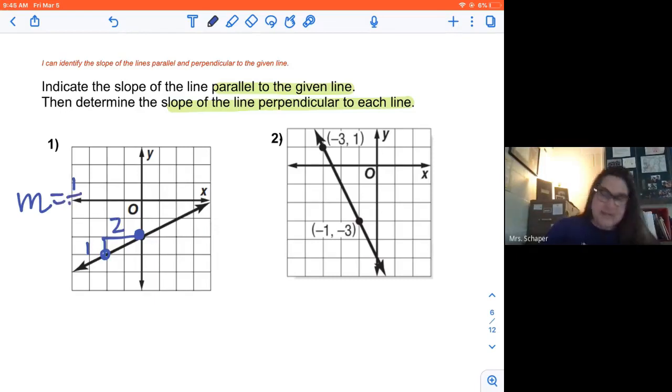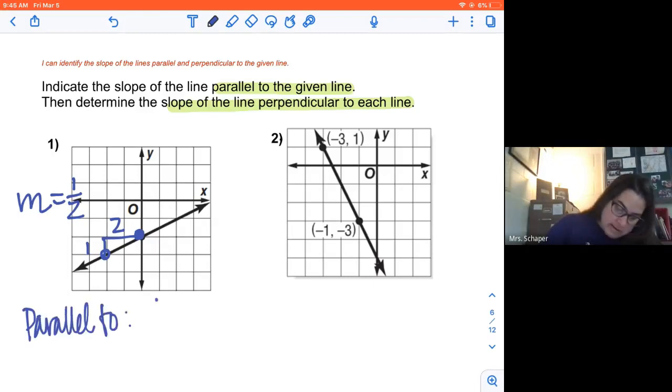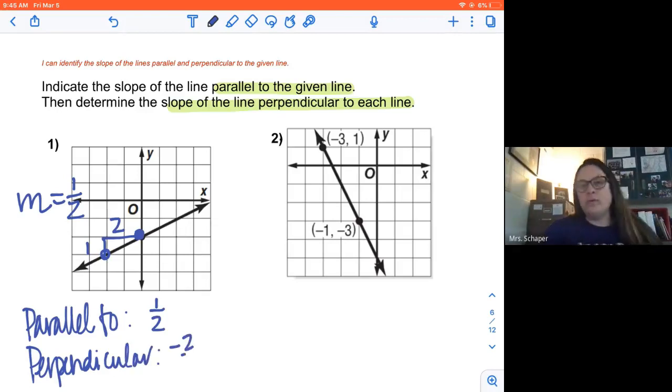So the slope of this line is 1/2. So the slope of the line parallel to it is 1/2. Perpendicular to it is -2/1, negative 2 over 1.